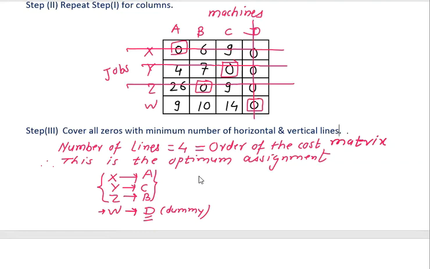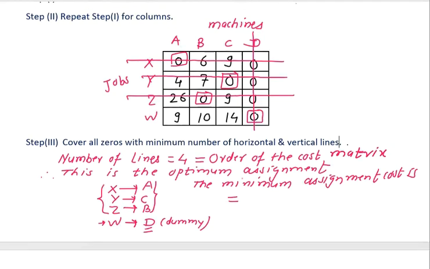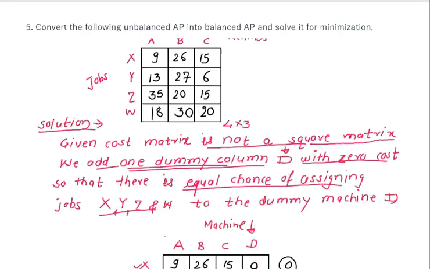So what is the minimum assignment cost? Now look at the assignment X to A, first row, first column. Where is the cost of assigning job X to machine A? It is given in the cost matrix in the problem.